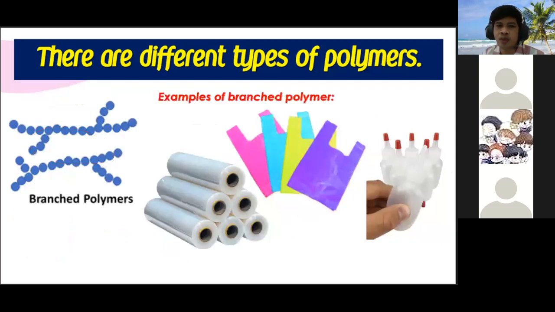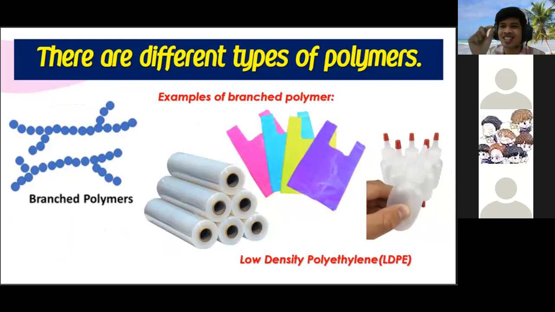An example is the opposite of high density: low density polyethylene. It's also a polyethylene but low density, a thin plastic like a thin plastic bag or thin plastic food wrap. These are examples of branch polymers.